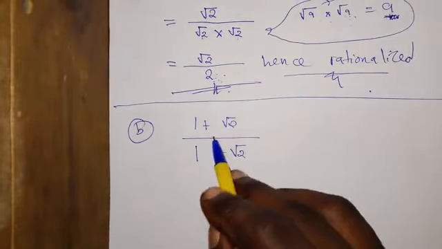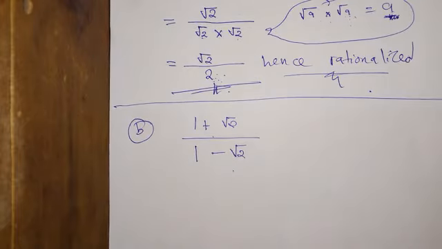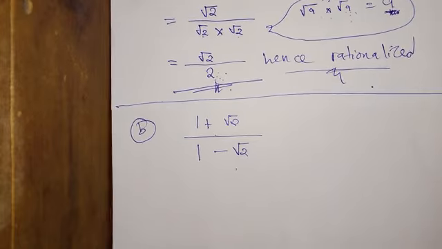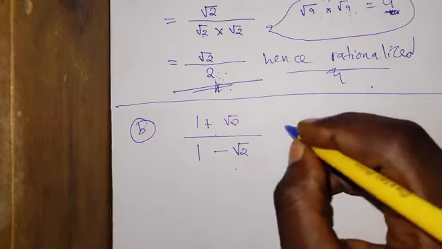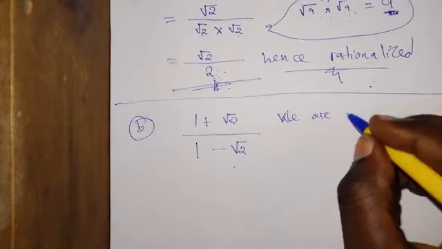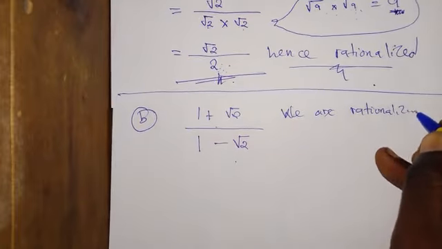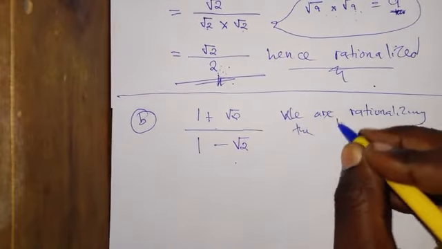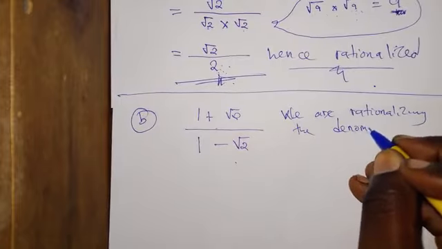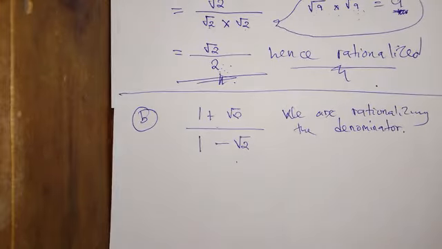How do we rationalize this one? Remember, we are rationalizing the denominator. That's what you're supposed to put in mind.